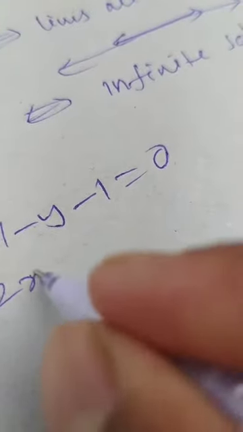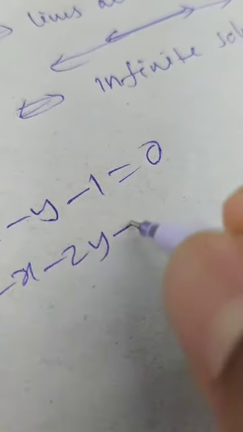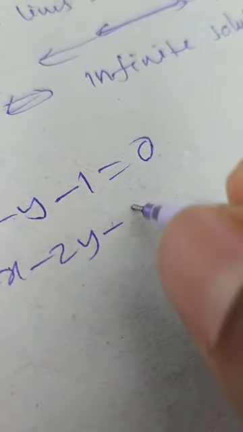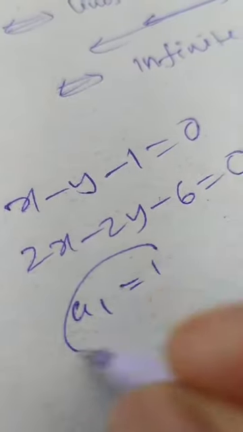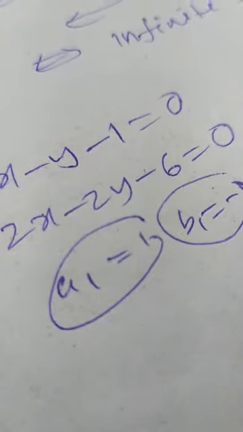Suppose I am giving another equation: x minus y minus 1 equals 0, 2x minus 2y minus 6 is equal to 0. Here, from the first equation, a1 is 1, b1 is minus 1, c1 is minus 1.